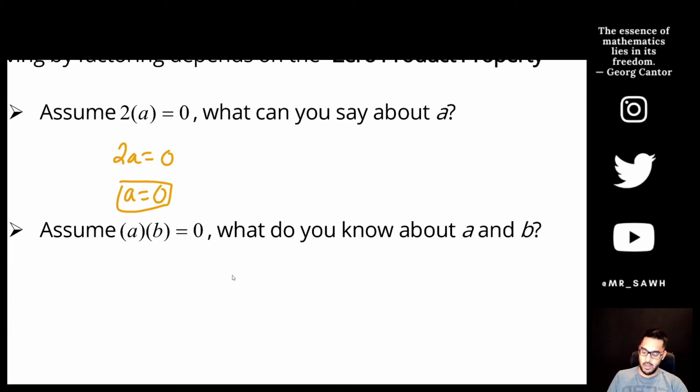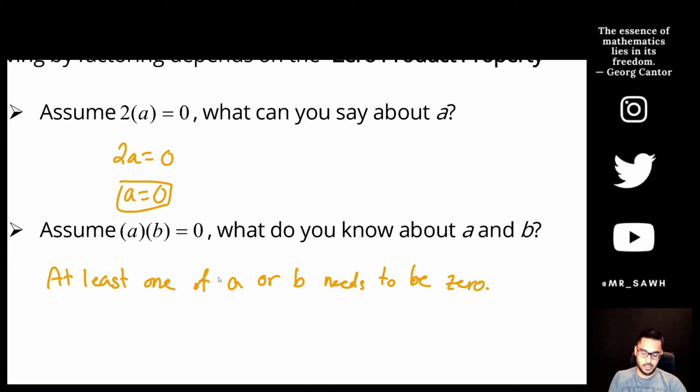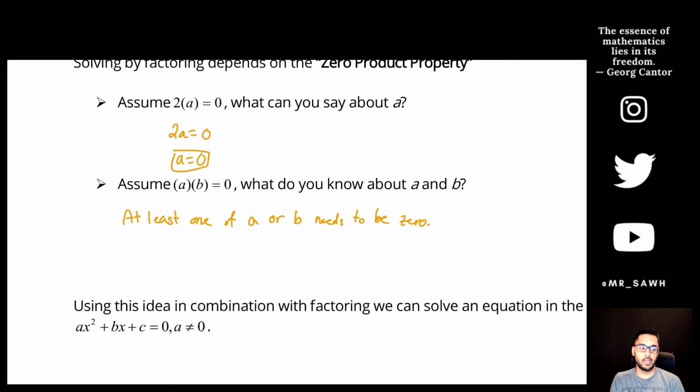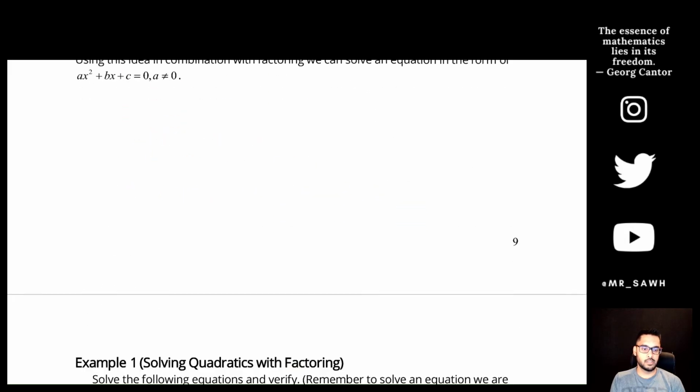So I know that at least one of a or b needs to be 0. Okay, it has to be. If it isn't, well, then this won't work, right? But as long as one of them is, this equation is still true. This property is what we're going to use along with factoring to solve some of these equations.